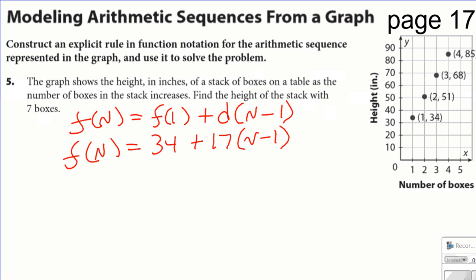Okay, now I'm going to answer the question. Since I'm going to 7 boxes, I'm going to plug in 7 for n. That's the number we're going here. So I'm going to have f(7) is equal to 34 plus 17, and then 7 minus 1.